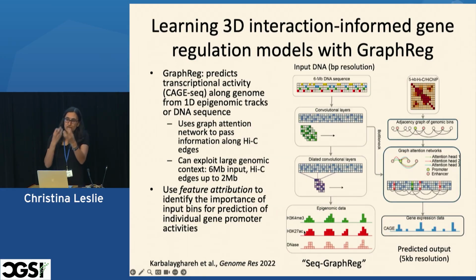The idea is we're trying to learn motif-like representations that will predict these 1D tracks. We take this representation, give it to the graph attention network, pass information over these edges, and we predict CAGE again. And what's cool is you can use feature attribution on these models and figure out which enhancers are talking to which promoters. You can even get some sequence information of what regions in an enhancer are important.